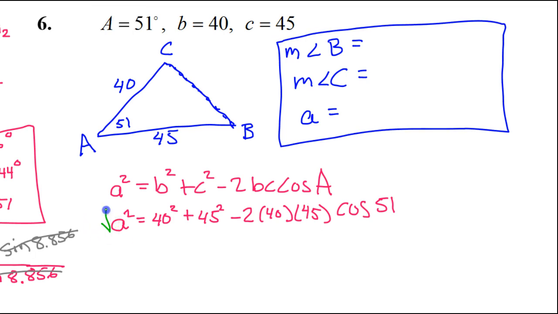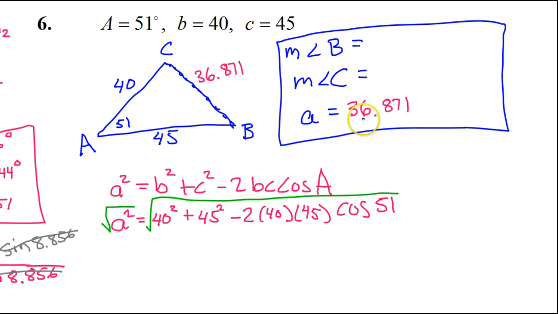So what I need to do is take the square root of both sides. So this is what I'm going to put in my calculator, this entire expression, including the radical sign. All right, I got 36.871. So now I'm going to go back and find the measure of angle B.